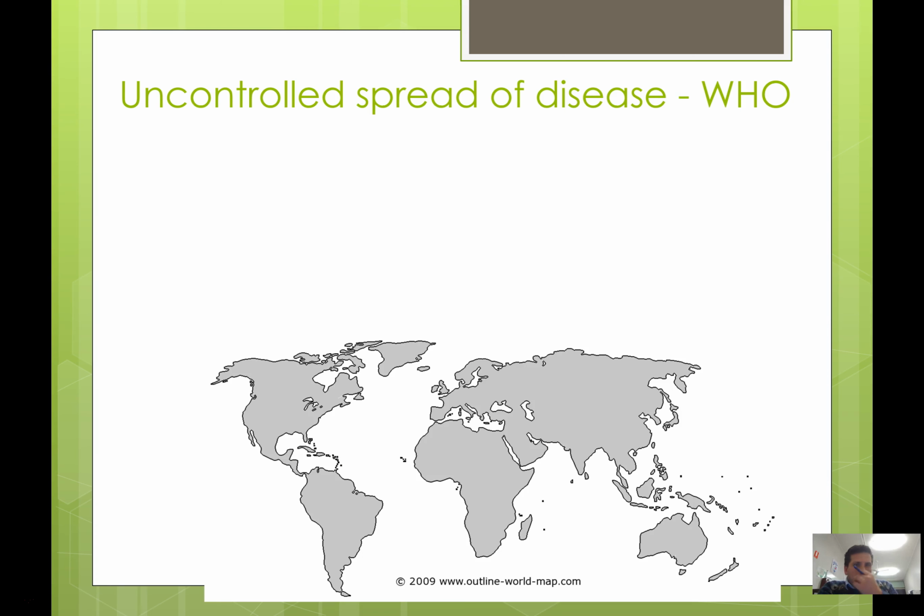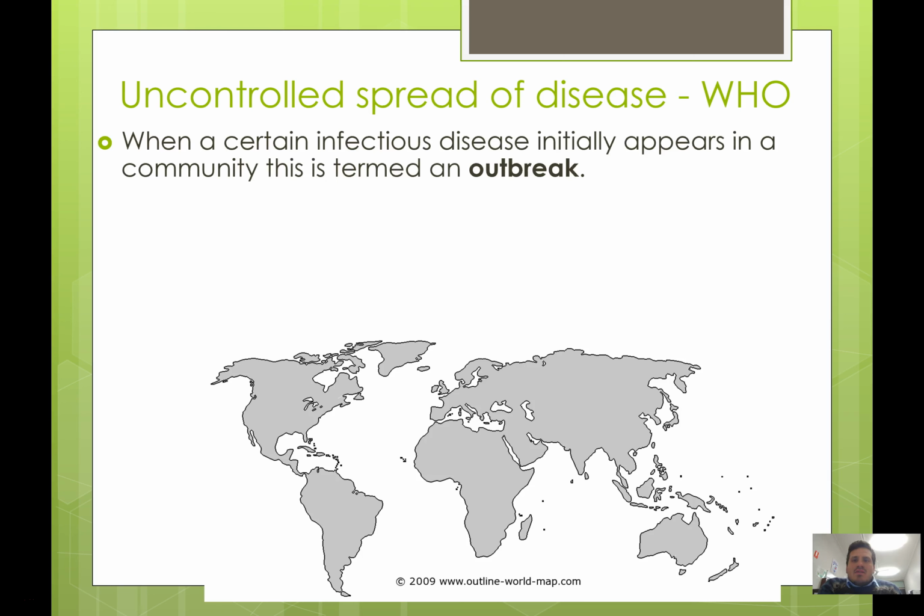All right, so let's talk about the WHO and when they talk about the uncontrolled spread of disease. When a certain infectious disease initially appears in a community, we call this an outbreak. Let's say that here we have good old Casterton, and I represent Casterton with a little red dot. In Casterton, there might be an outbreak of influenza, the flu.